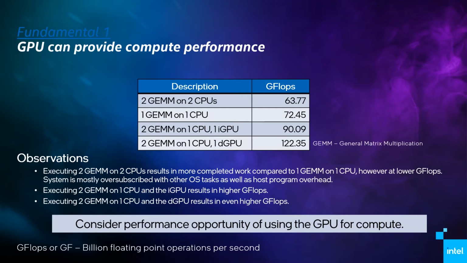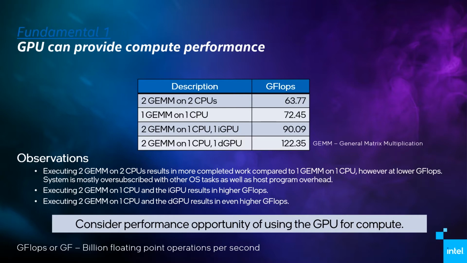For this case, I used something very basic, which is a GEMM benchmark. It's a general matrix multiplication, part of the sample code in the OpenCL SDK. And what I did was run multiple combinations of these to test different hypotheses, and that's true for the 7 fundamentals that I show. So that's why it's important to talk about it right now.